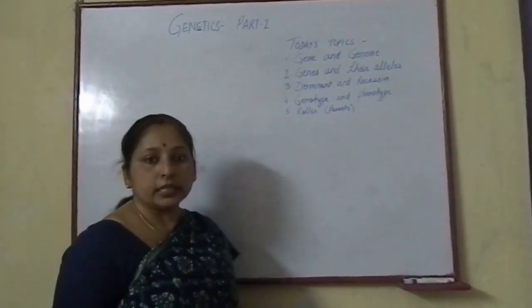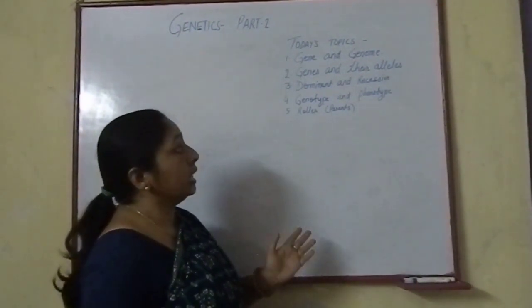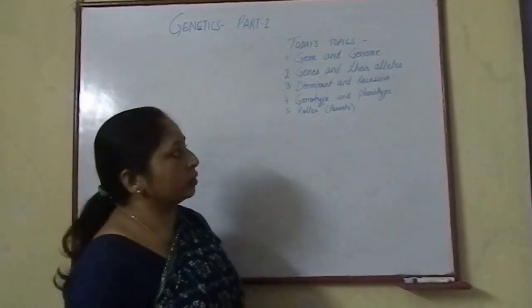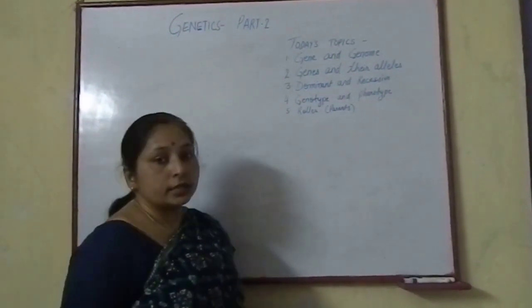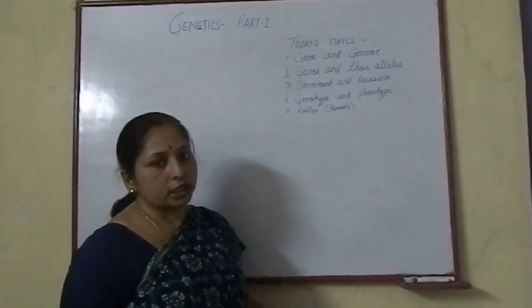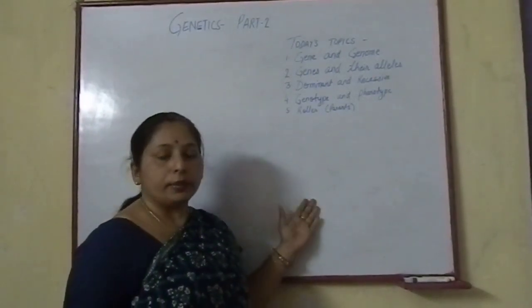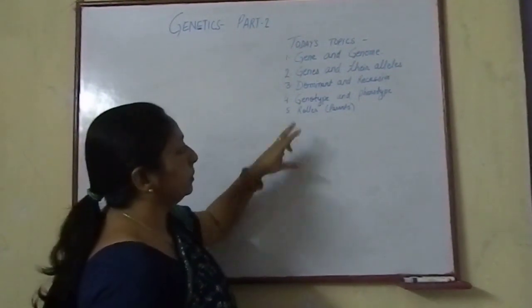Gene and their alleles: the gene which codes for a character and its contrasting character. Both of the pair are called alleles or an allelic pair. Dominant and recessive: the character which is expressed is the dominant character, while the character which is suppressed or remains hidden in one generation or another is the recessive character.